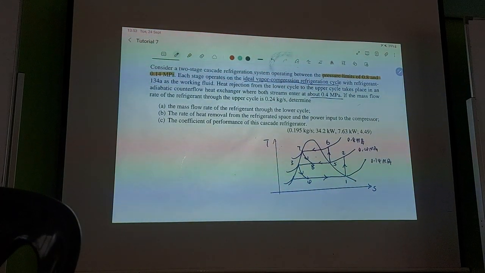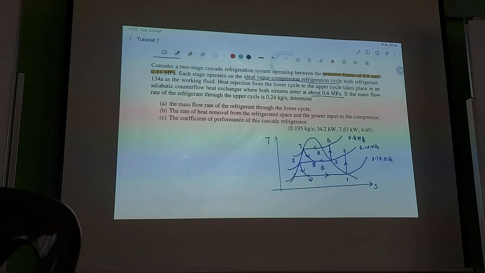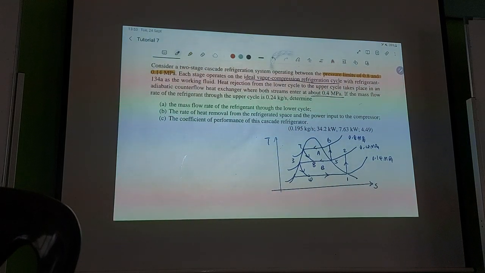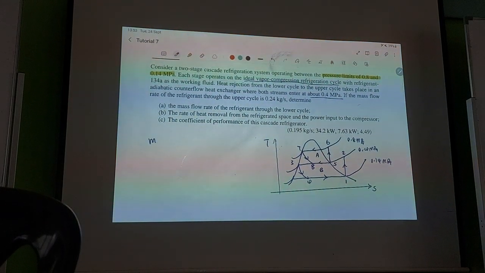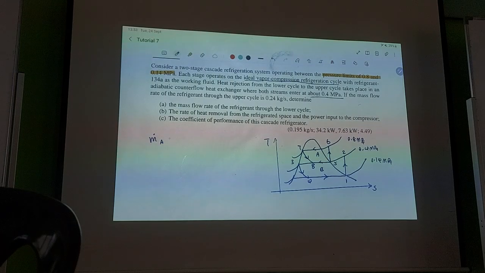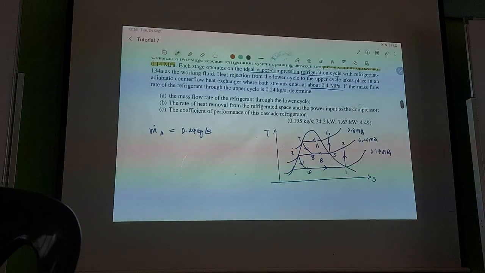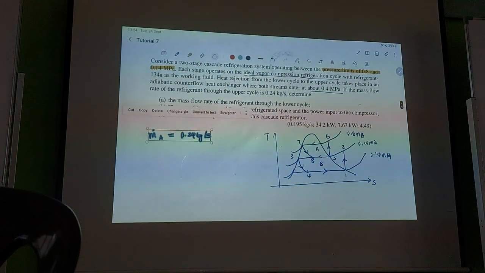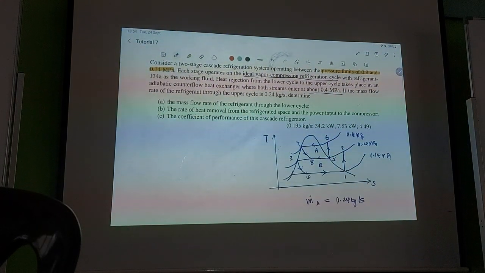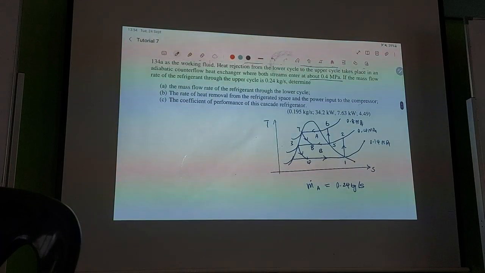So here you can just call this cycle A, cycle B. You are given the mass flow rate of cycle A as 0.24 kilogram per second. That is the upper cycle. Then you need to find the mass flow rate of the lower cycle.